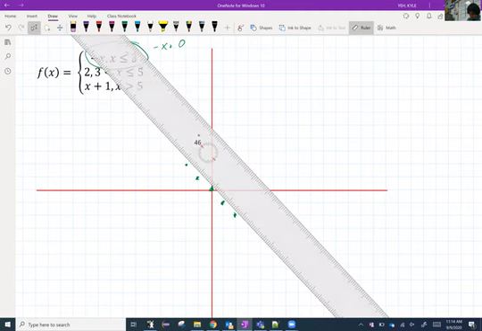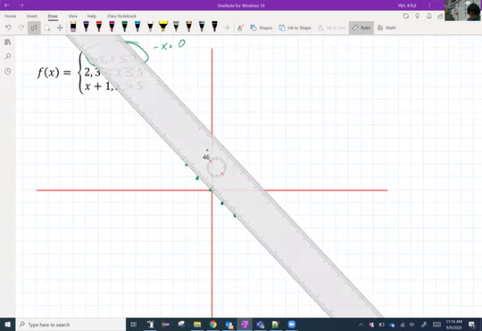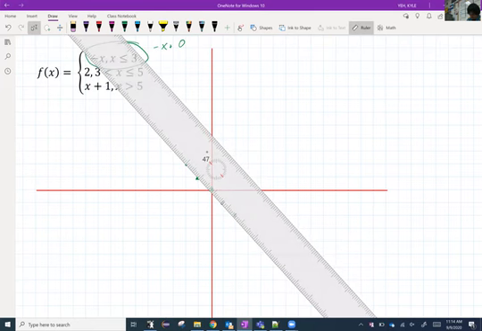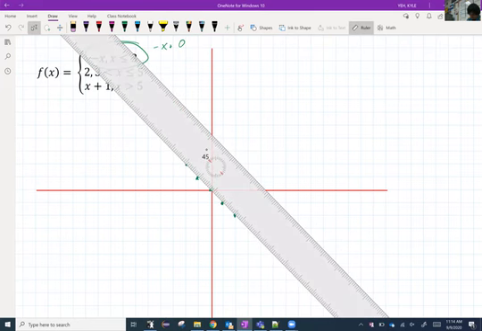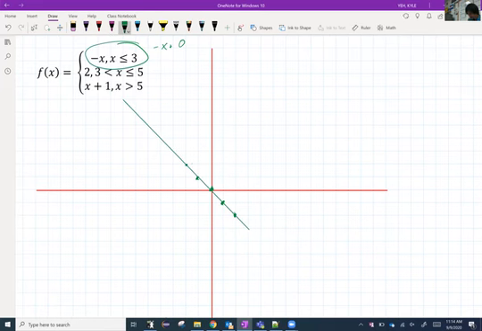So I'm going to get my 45-degree angle and say, okay, 3 is where this thing starts or stops, depending on how you want to look at it. That is the leftmost ray of this graph. Whenever x is less than or equal to 3, we should use -x as our definition.